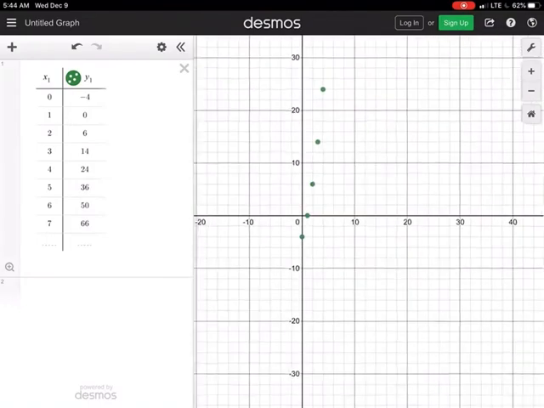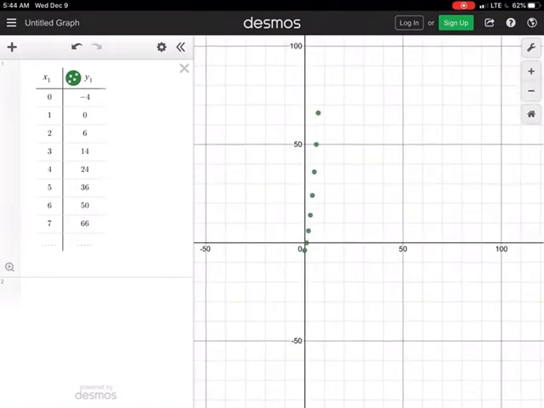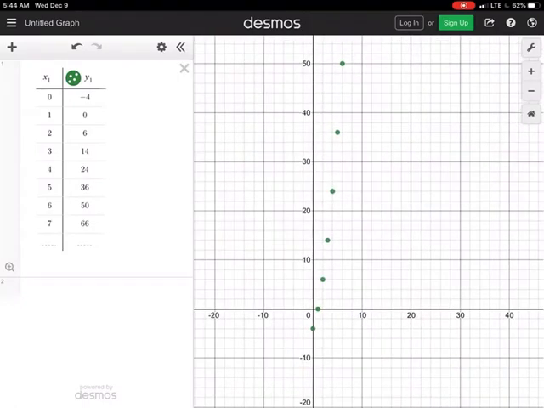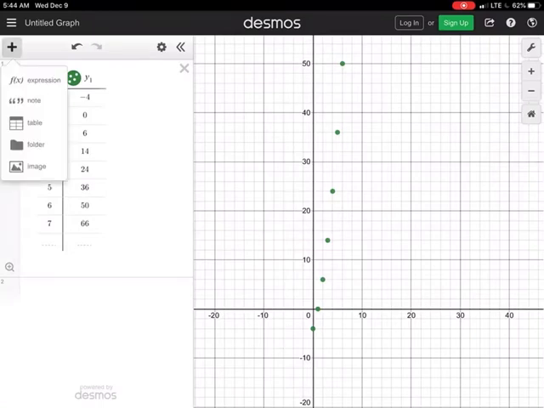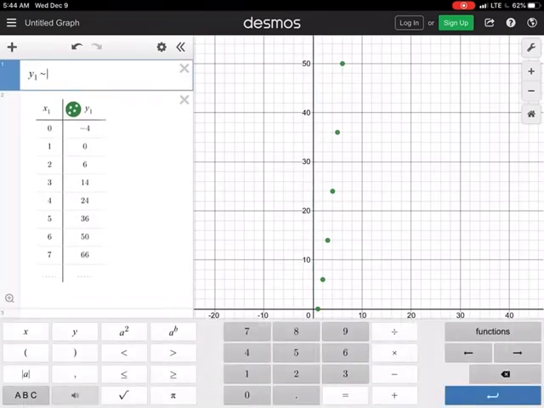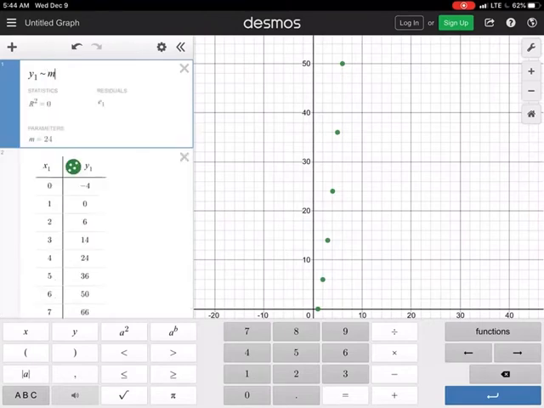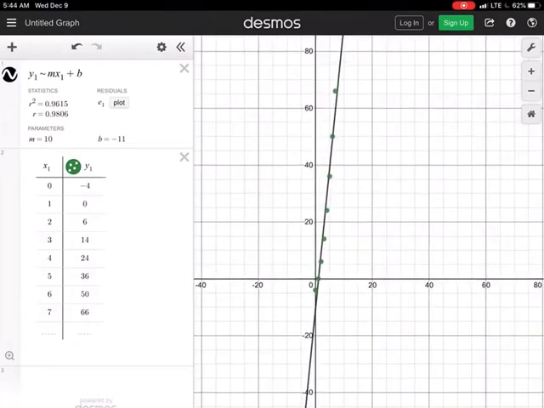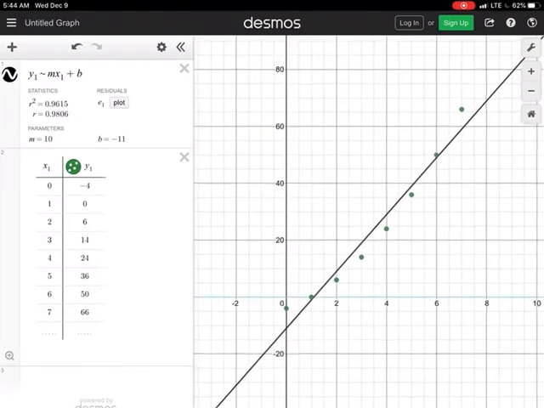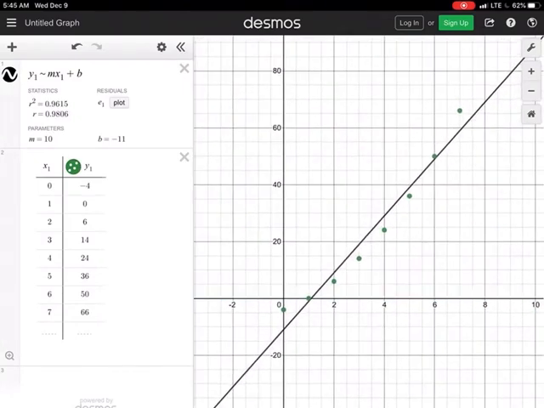So it's going to graph our data points for us. And so we can try a linear equation for this to see if it's going to fit. So again, we can do that y1 is approximately m times x1 plus b. And if we look at the points, it's close, but it's not going exactly through them. If you get really close in here, you can see that they are kind of curved.